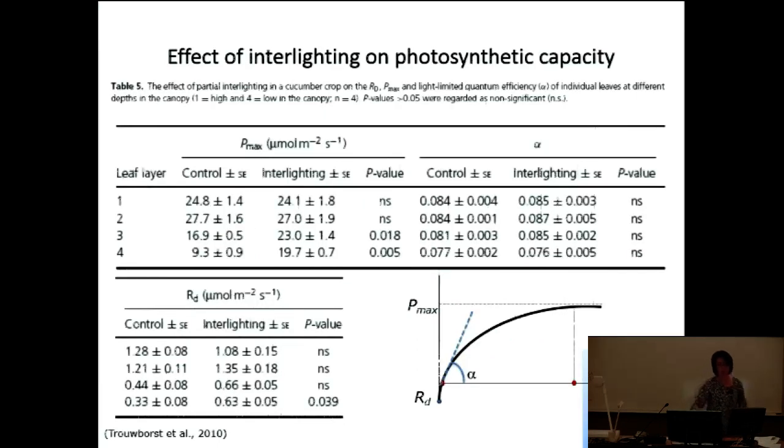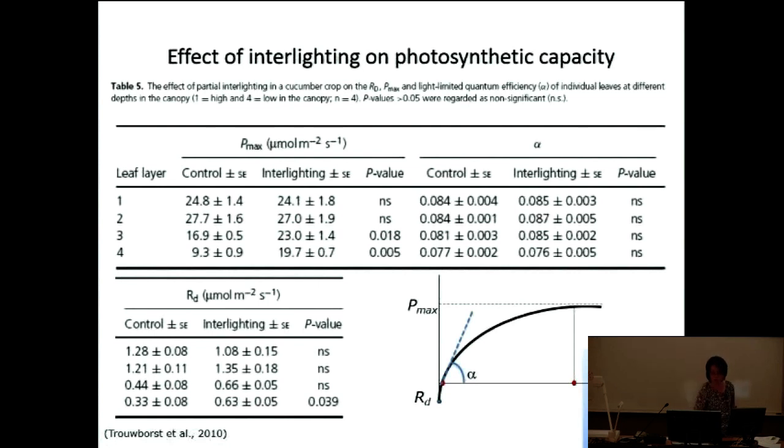And these are the values they measured for photosynthesis characteristics of different leaves at different locations of the canopy. So the top leaf layer, bottom leaf layer, 1 to 4, and then the control. There are three values: P max, the maximum photosynthesis at the light saturation point.